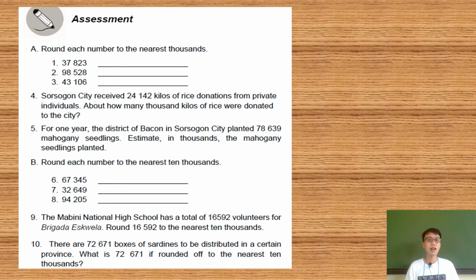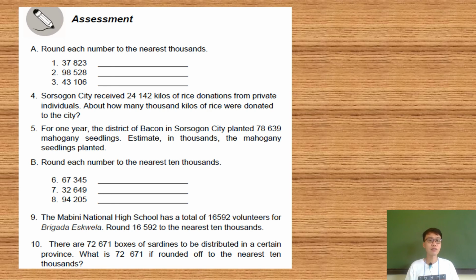And for letter B, round each number to the nearest 10,000. Item 6, 67,345. Item 7, 32,649. And item 8, 94,205. For item 9, the Mabini National High School has a total of 16,592 volunteers for Brigada Eskwela.